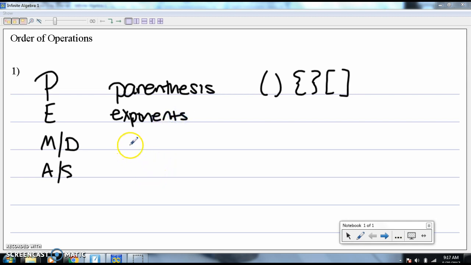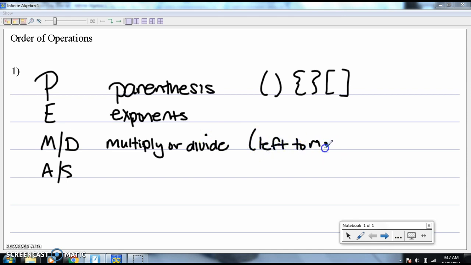Okay, and then key here is I put these together because a lot of times students forget to multiply or divide in the same step. And it's important to remember here that we're going to work our way across from left to right. So whichever one comes first in the problem when you're reading it is the one you're going to do first. And then same thing with adding and subtracting.